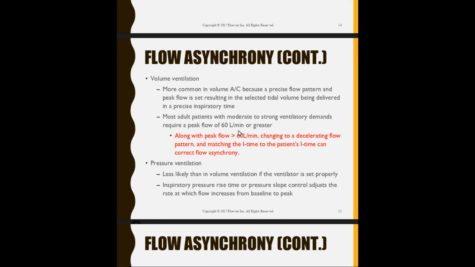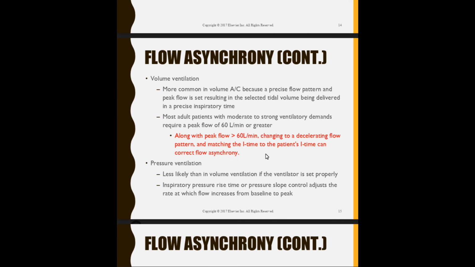That's pretty fast. Along with the peak flow increased to 60 liters per minute, it says changing to a decelerating flow pattern. I don't know if you remember the decelerating flow pattern. That's when we have a very abrupt increase, and then it starts decreasing over time. It's almost like a right angle, but the hypotenuse is sloping to the right, if you remember your geometry.